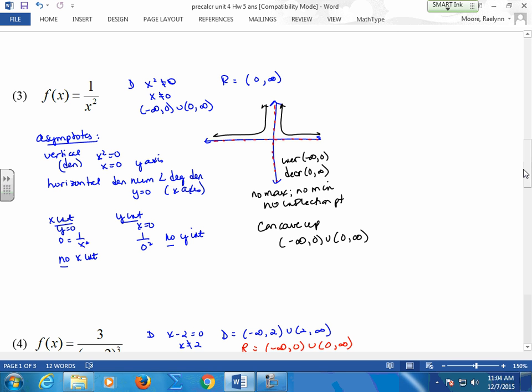It's never going down below it. You have only one thing in the denominator, which is a 0 that you can't use. No inflection points. We have no turns. Because it's not continuous, so we don't have to worry about that.